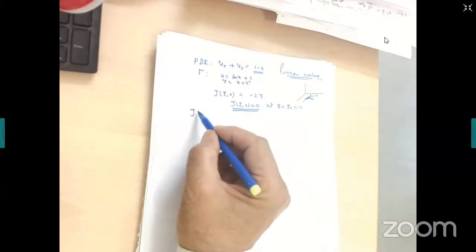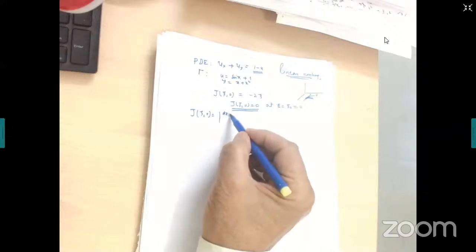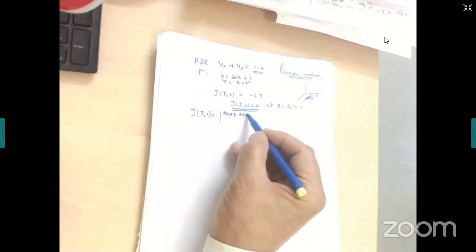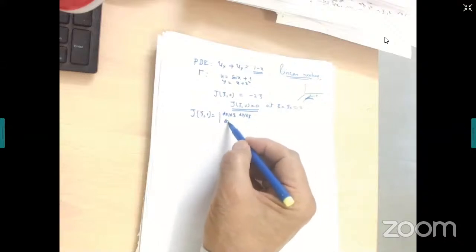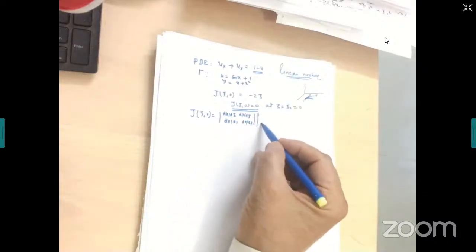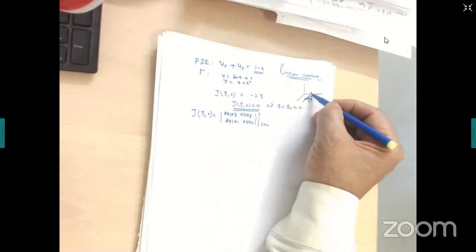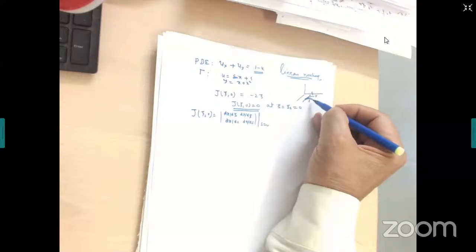What is J of xi naught? This is dx d psi, dy d psi; this is dx ds, dy ds, where s is equal to 0. S is the distance measured along this. Psi is the parameter along gamma, not necessarily distance.